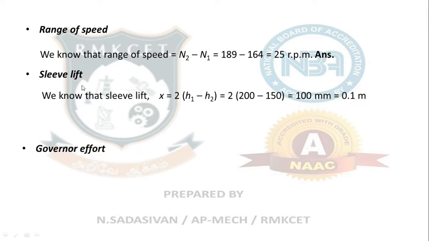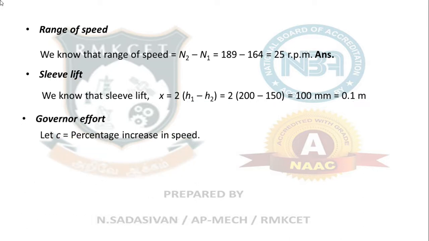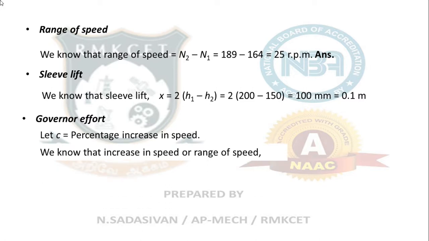Next, governor effort. The formula for governor effort uses C, the percentage increase in speed. I know the two RPMs: lower speed is 164, higher speed is 189. I'm going to find out how much percentage of 164 is 189. To tell it in an alternate way, the range of speed is 25.